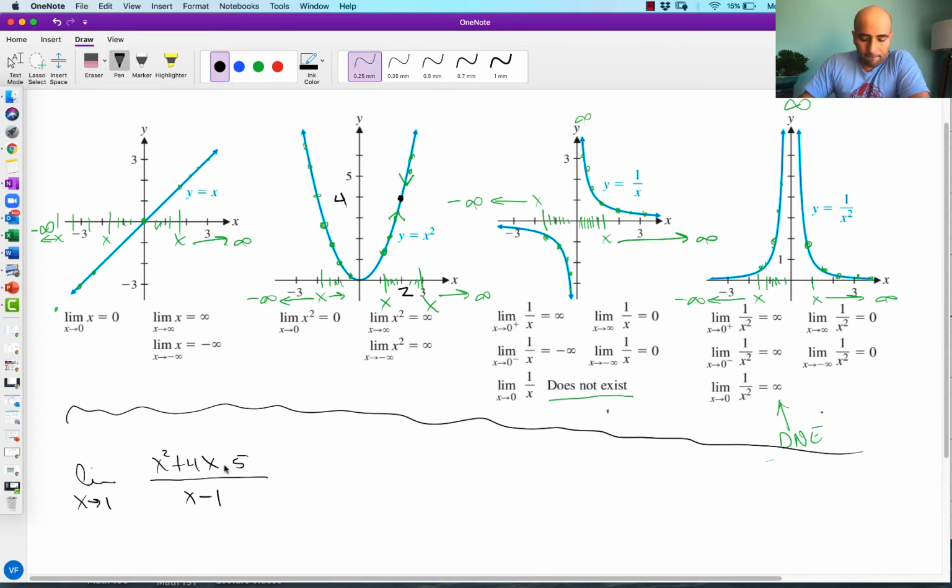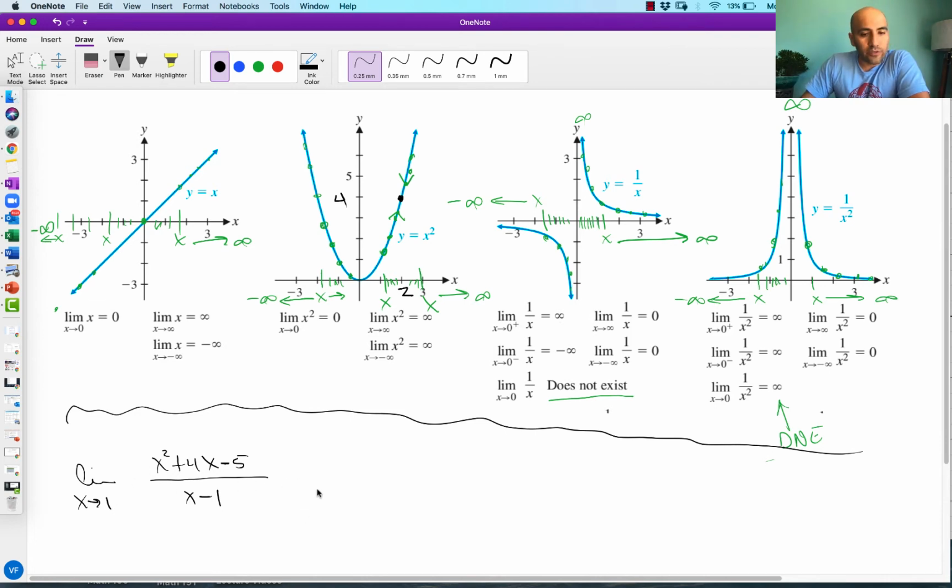Notice that if we just plug in a 1, we get 1 plus 4 minus 5, so that would be 1 plus 4 is 5, minus 5. We end up with a 0 in the numerator and a 0 in the denominator. So it doesn't quite make sense to just plug in a 1.